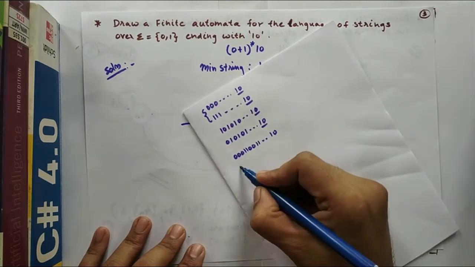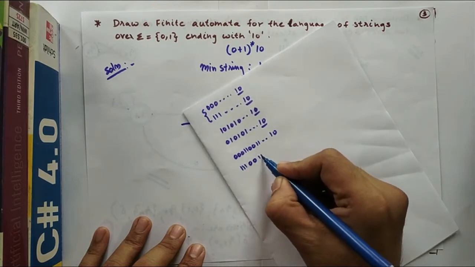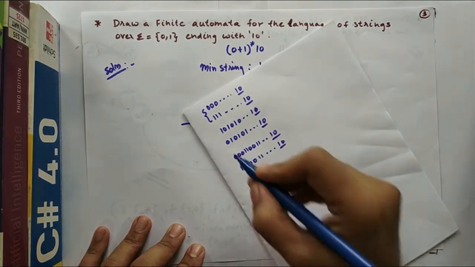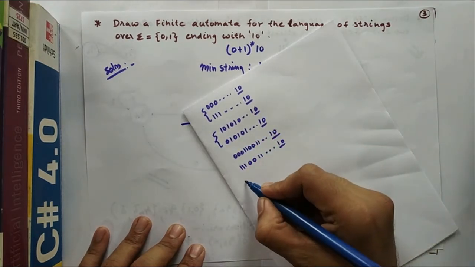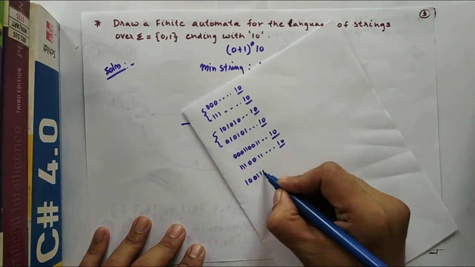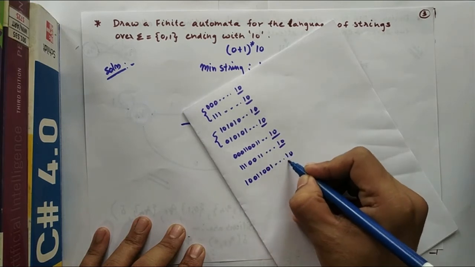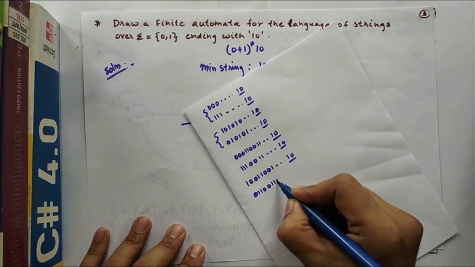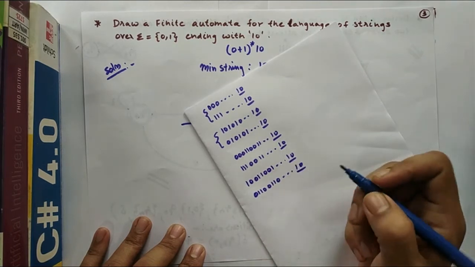Then the reverse: some ones, then some zeros, some ones, and so on, ending with 1 0. Then 1 0 0 1 1 0 0 1, and so on, ending with 1 0. Then the reverse, 0 1 1 0 0 1 1 0, and so on, ending with 1 0.